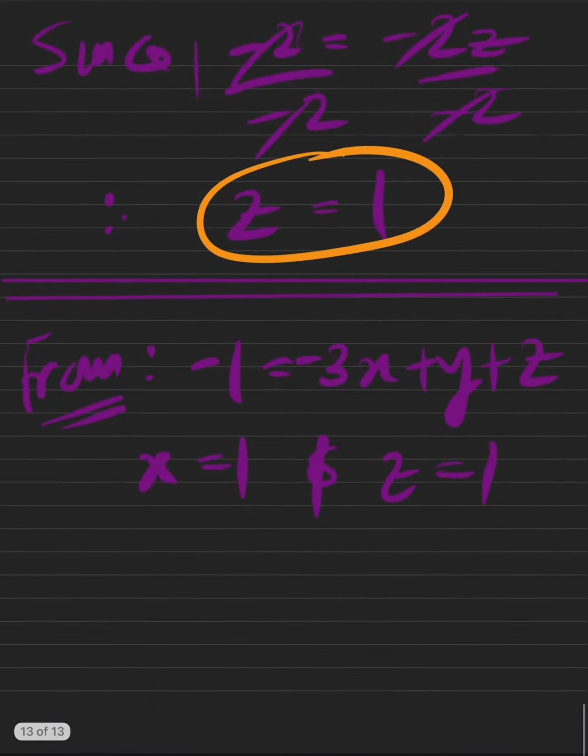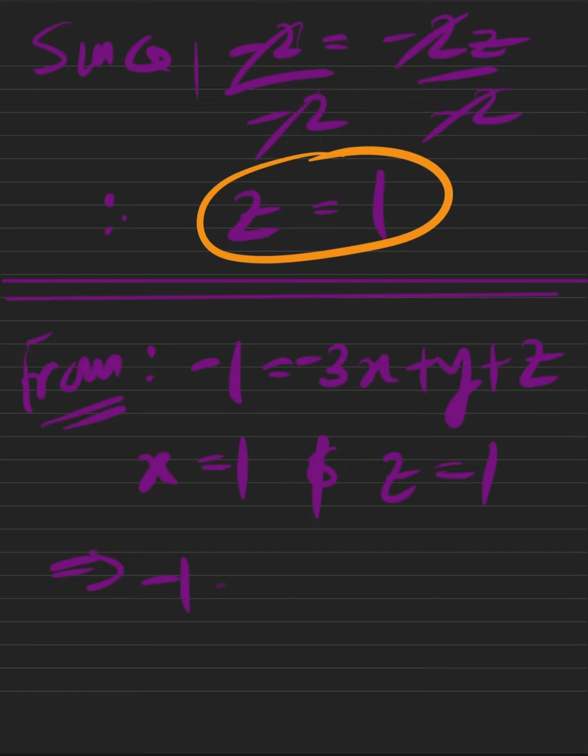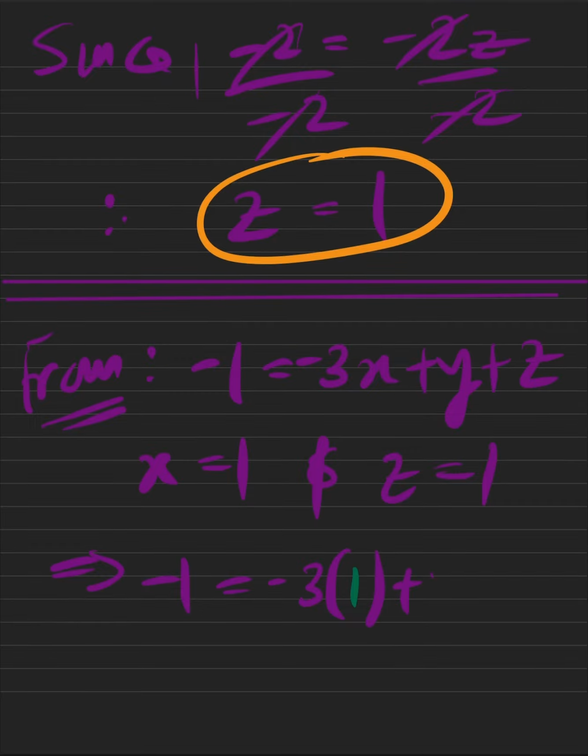So if you do that, that will give us -1 is equal to -3 times your x, which is 1. I've substituted 1 into that x. Then you continue, plus y, plus your z again, which is also 1.